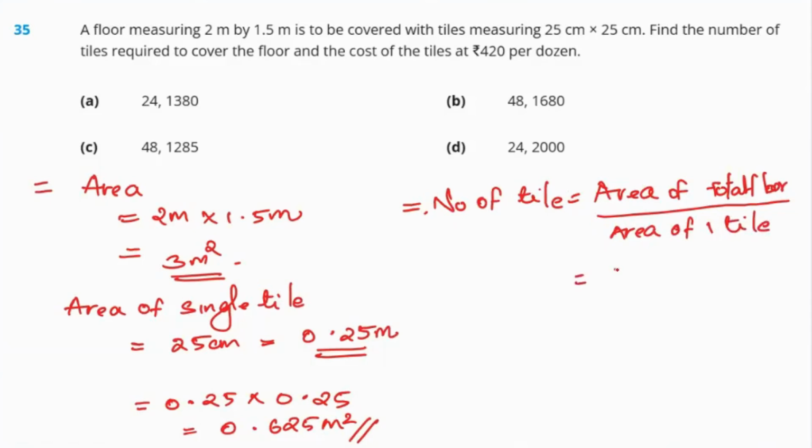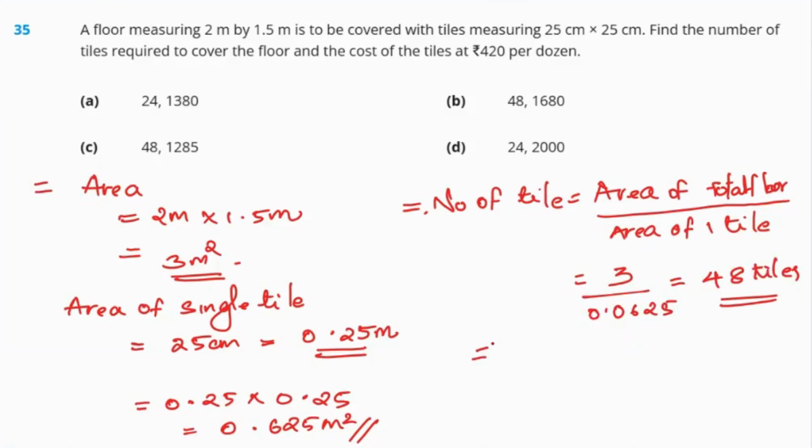Here the total area is 3 meter square and the area of one tile is 0.0625. When we divide this, we get 48. So we need 48 tiles to cover that entire room.